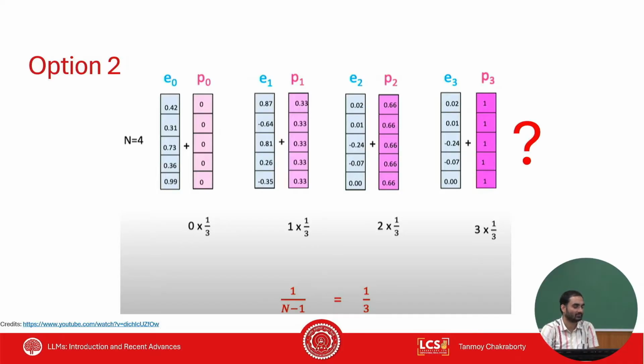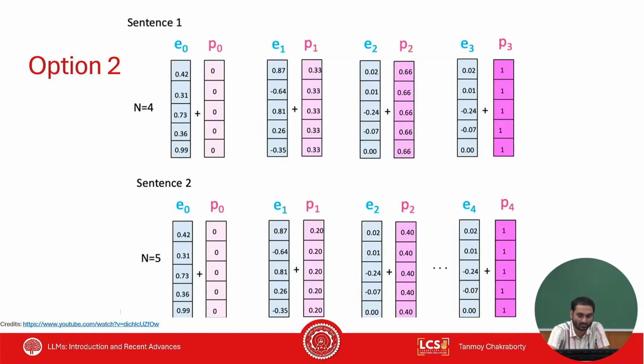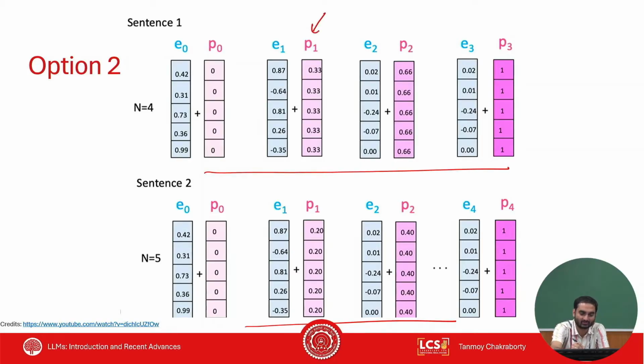But there are problems here. The problem is it depends on the number of tokens in the sequence. When you divide this by 3 and this by 30, look at the first position. This is the position embedding: 0.33, 0.33, and 0.33. And in this case, the first position is encoded by 0.2, 0.2, 0.2. Although both of them denote the first position of the sequence, they are now denoted using two different vectors.